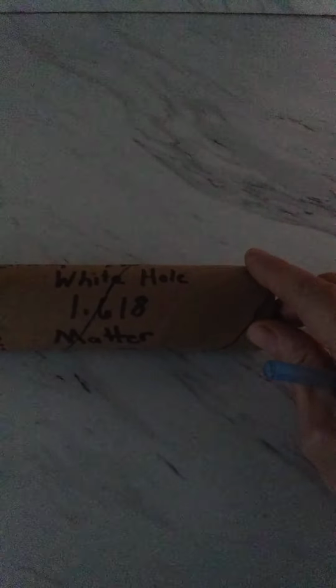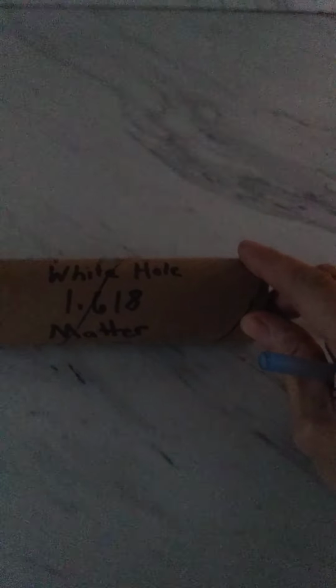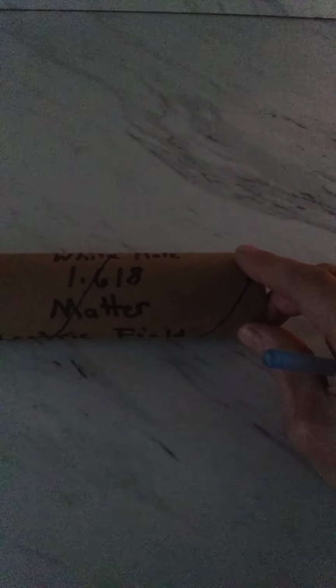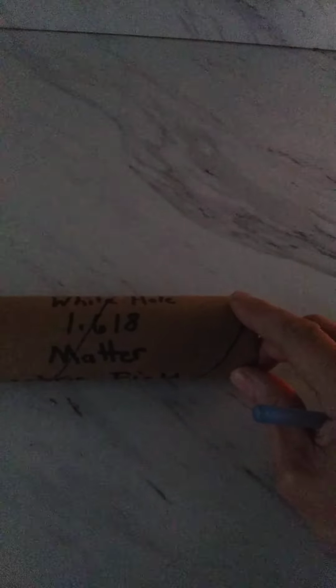So on the magnetic end, this would be the hot end. This would be all visible light matter. It would be like a white hole. It is 1.618 in the Fibonacci. It runs with a right hand twist, or it runs clockwise, as to where counter space is like a black hole.